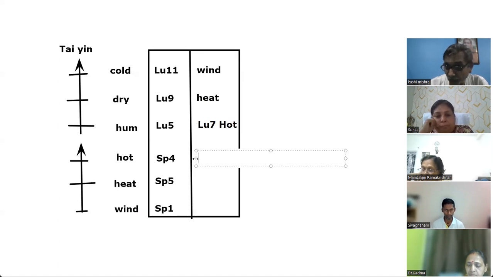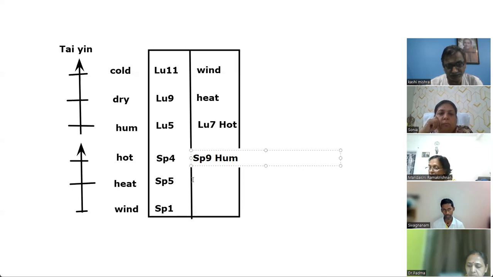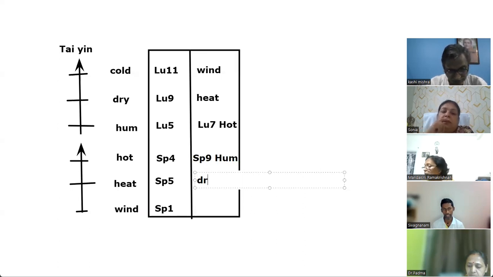Humidity will not be SP4. What will be the humidity? SP9. Yes, very good. SP9 is humidity. And SP5 will be what? Dryness. And SP1 will be what? Coldness.